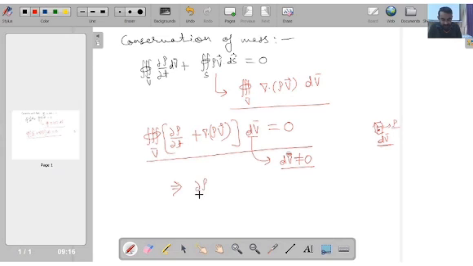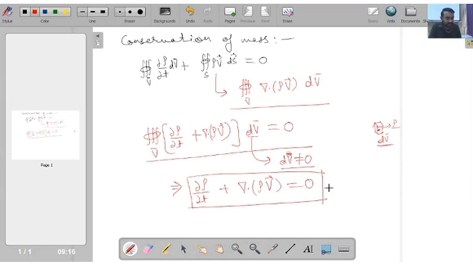Then I can say that del rho by del t plus divergence of rho v vector is equal to 0. Now if you see this particular equation, it is purely in the differential form. So I can say that this is the differential form of the continuity equation.